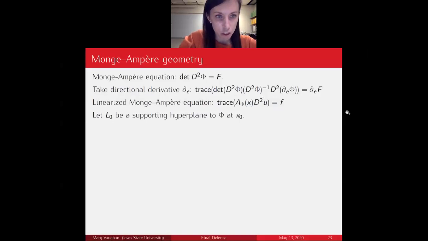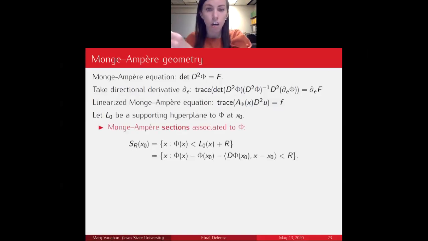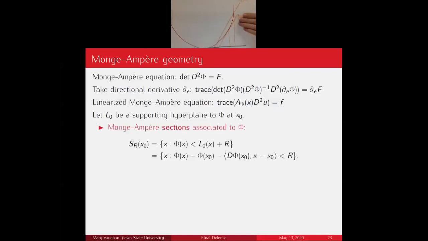To demonstrate that, first, consider a supporting hyperplane to the function phi at a point x naught. Then the Monge-Ampère sections are described as follows.